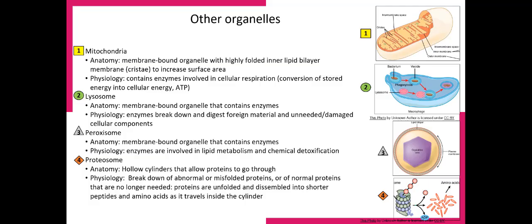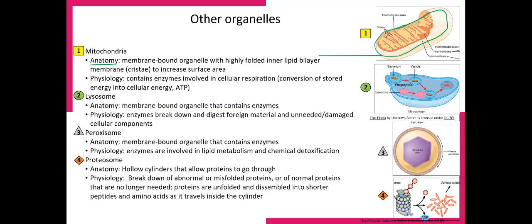Other organelles that are found typically inside a typical cell are listed over here. So, mitochondria are surrounded by a lipid bilayer, and that's the structure or anatomy of the mitochondria.